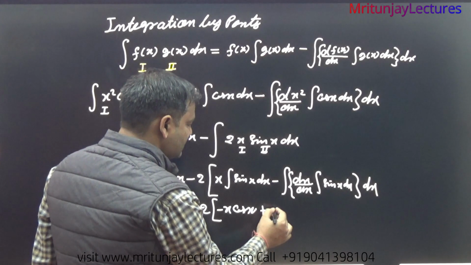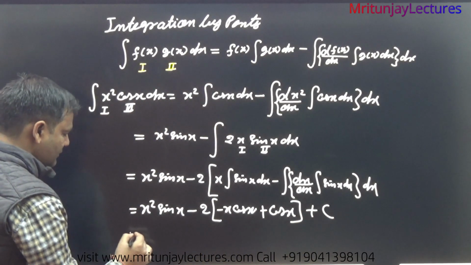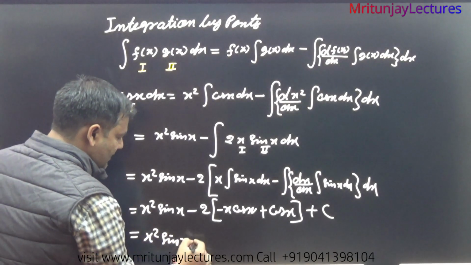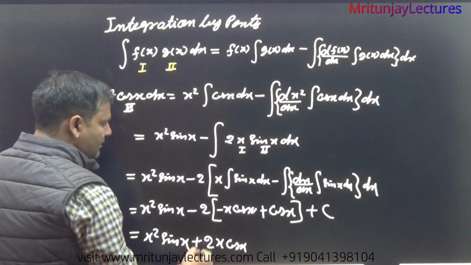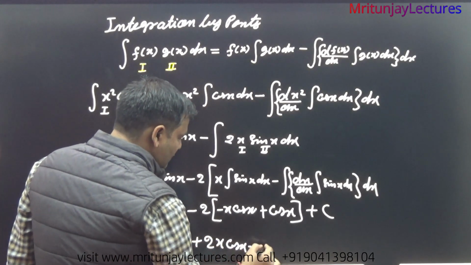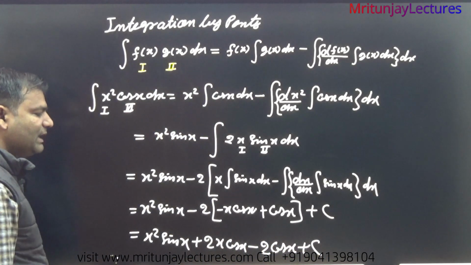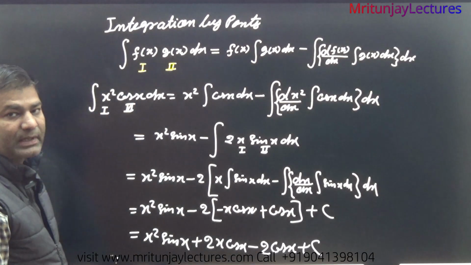So minus minus plus cos x and plus c. So final answer is x square sin x plus 2x cos x minus 2 cos x plus c is the right answer. Make it. If anyone faced doubt, then tell me, I will explain again. Make it.